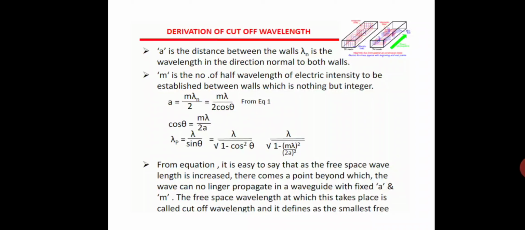So a can be calculated as m times lambda n by 2, equals m lambda upon 2 cos theta, and cos theta equals m lambda upon 2a. Lambda p can be calculated as lambda upon sin theta, equals lambda upon the square root of 1 minus cos squared theta. Sin theta can be written as this. So lambda p equals lambda upon the square root of 1 minus (m lambda upon 2a) whole squared.